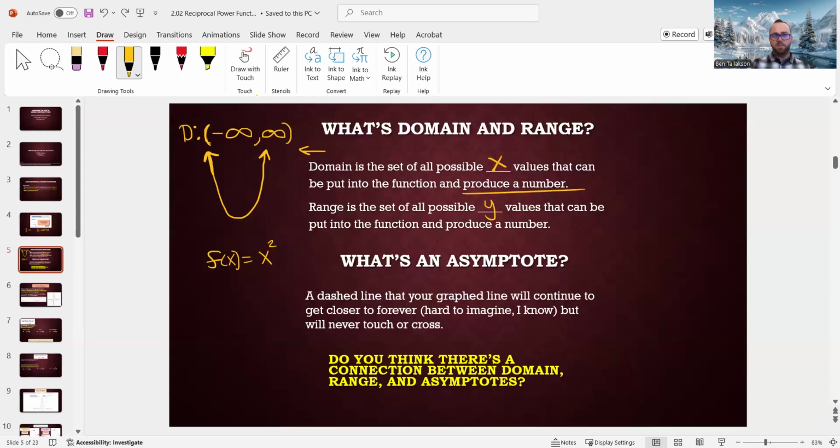Now range, so we go left to right. So we start with the lowest values and we go low to high. Same thing with y values, okay? So let's draw a bit of a graph here, and let's just label the y-axis right there.